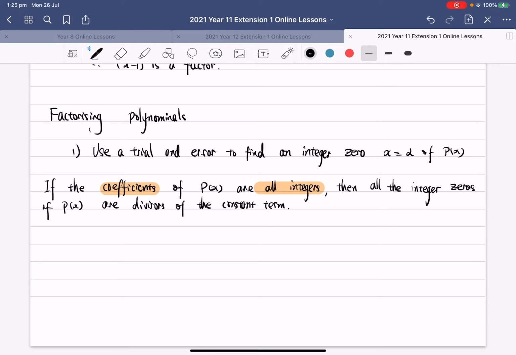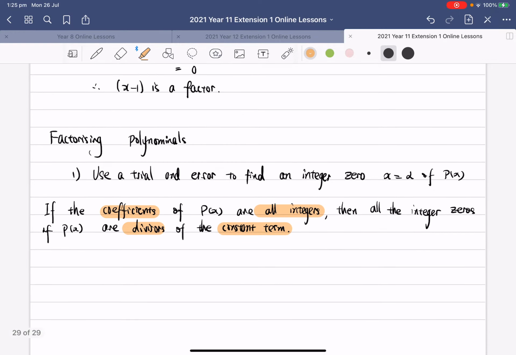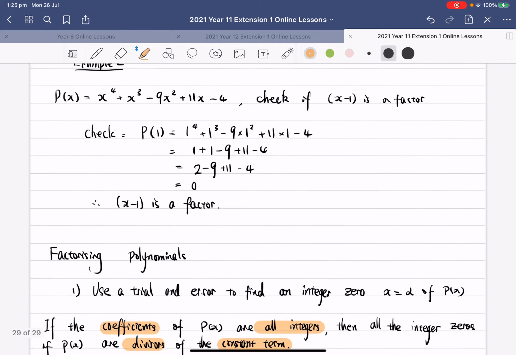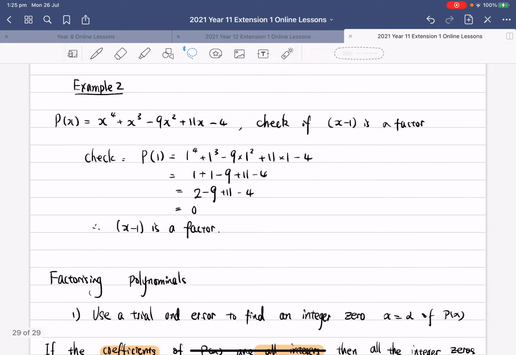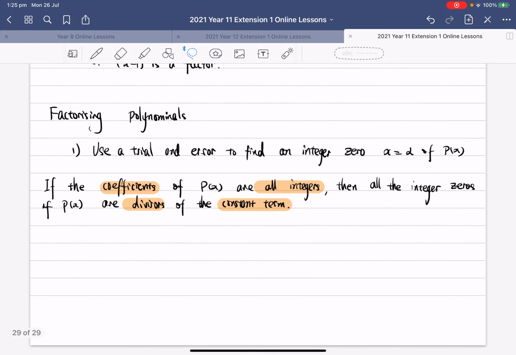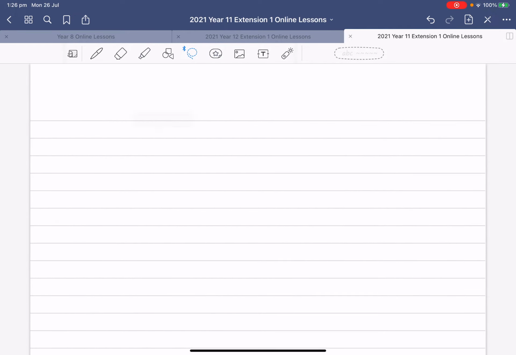So what does that mean, and how do we use this idea to do the question? I'm going to use the previous example to show you. So for example, this one here. I'm just starting on the next page. If we want to fully factorize this expression, how can I do it?